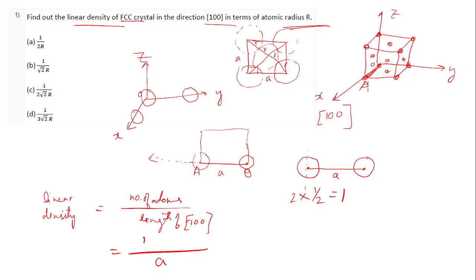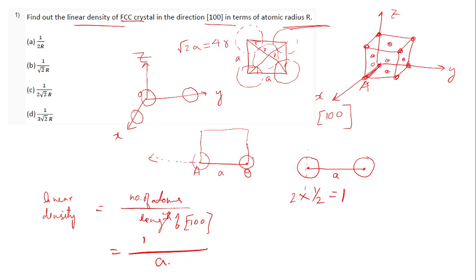If this face is a, this face is a, then this diagonal will be root 2 a. And because all the atoms are touching each other along this length, we can equate root 2 a to 1, 2, 3, 4, so 4r.